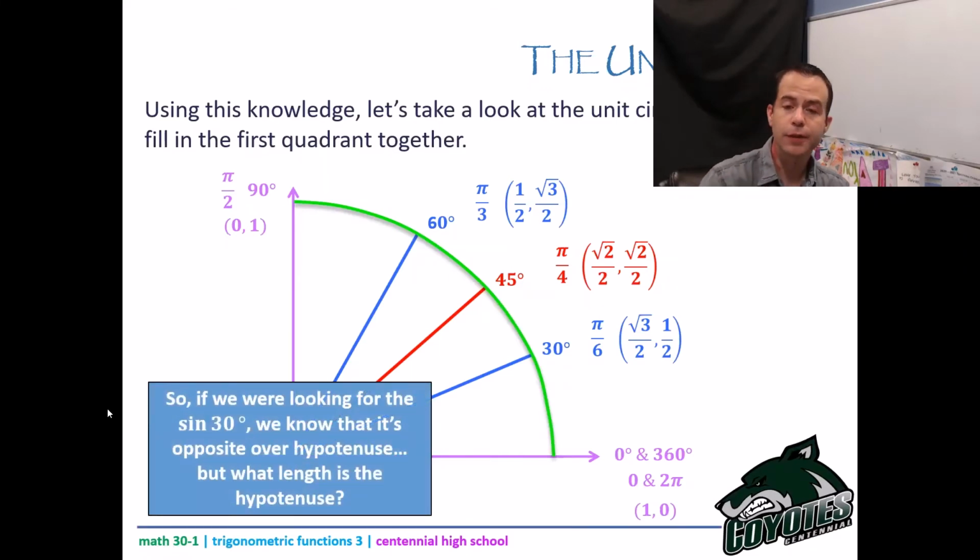If we were looking for the sine of 30, we know that it's opposite over hypotenuse, but what is the length of the hypotenuse? I've already kind of talked about this. That's where I'm getting at that y value. Because it's the opposite over the hypotenuse, it's the y value over the radius in this example. But because the radius is 1, it just becomes the y value.